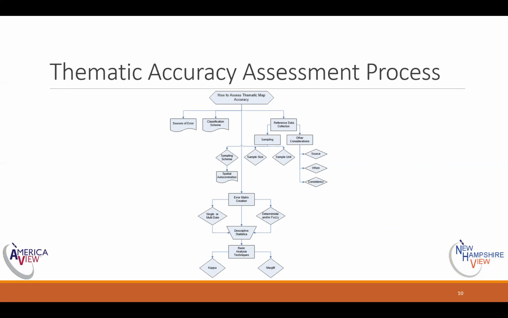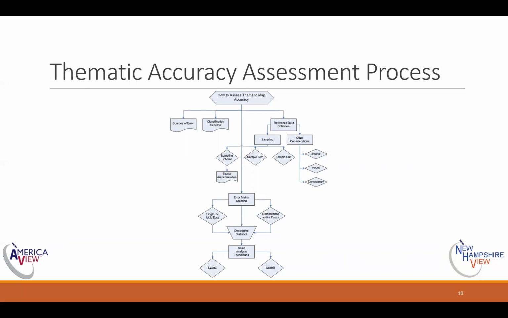Or do we have change detection? And we're going to look at what happened in 2000 compared to what's going on in 2020. Do we need a multi-date or a change detection accuracy assessment, and therefore error matrix? Are we going to do some kind of fuzzy accuracy assessment, and that'll be introduced later on in these lessons? Or are we going to do a traditional error matrix, which we call the deterministic?